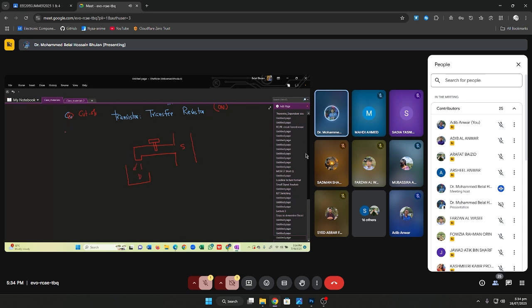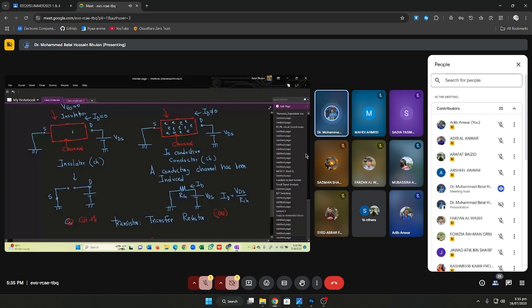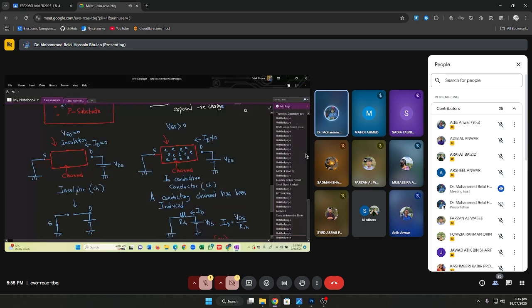You can imagine the water is coming as drain, and this is our gate. If it is all the way closed, no water. If it is all the way open, the maximum amount of water. So that's what we do. Just changing the gate voltage, I can make the channel region insulator or channel region conductor. That's the basic, fundamental way the MOSFET operates. That's the simple way to explain these things.